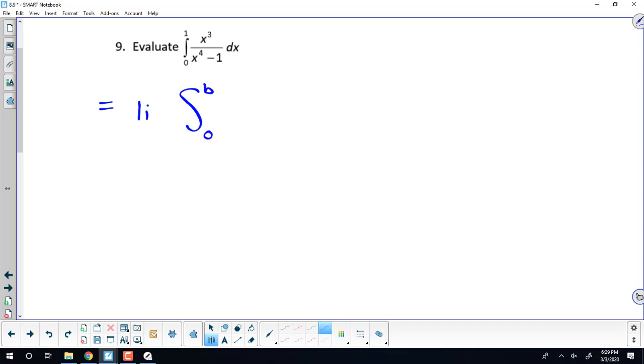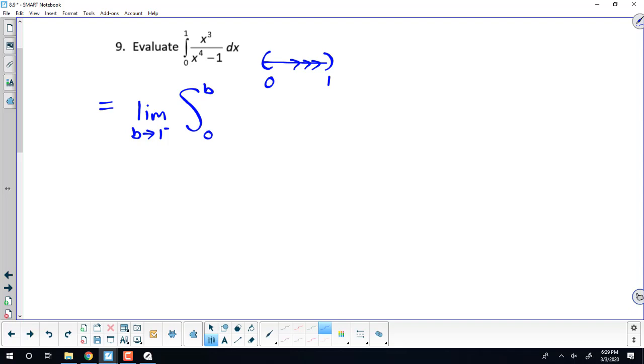So we need to compute the limit as b approaches 1 from what direction? From the left. Right, our interval goes from 0 to 1. The only way we can approach 1 is from the left.